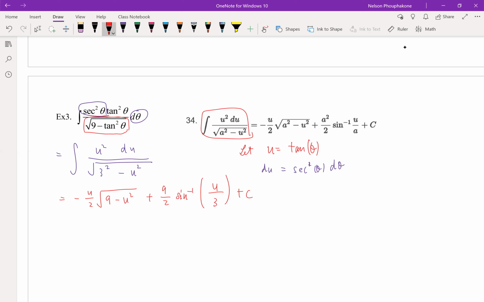And of course, I'm going to finish this, which is equal to negative 1/2 tangent of theta square root 9 minus tangent square theta plus 9 over 2 sine inverse of tangent of theta over 3 plus c.